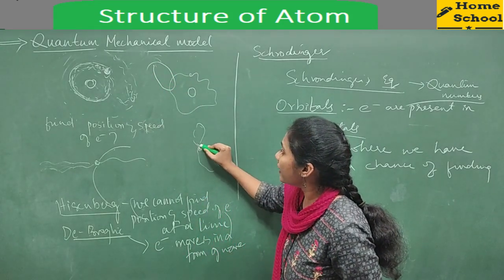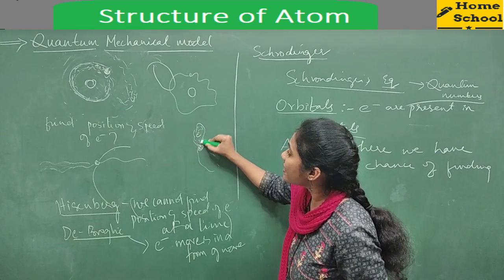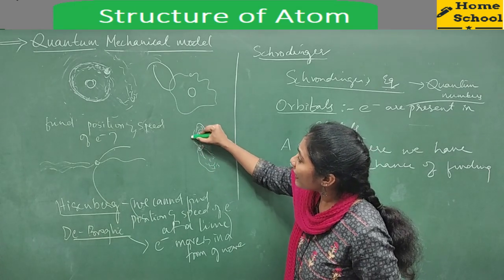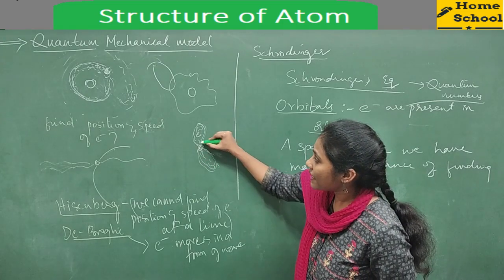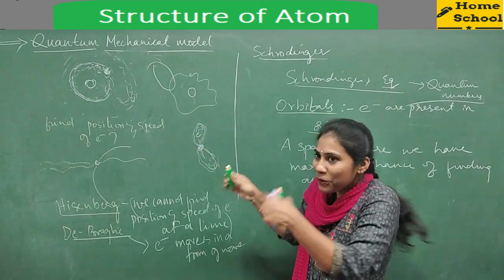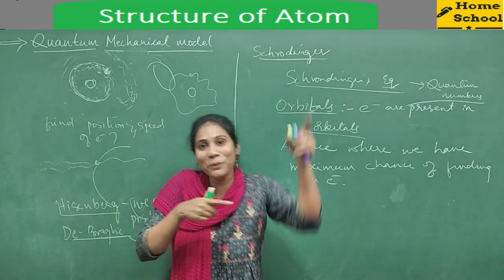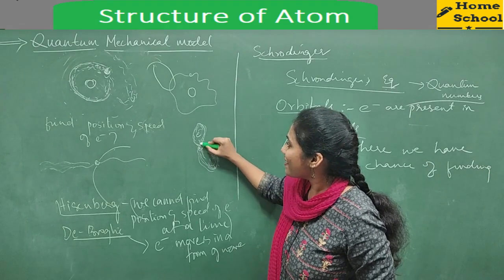If this is a nucleus, imagine you have an electron and this electron moves in this region. The same electron would come here in this region. That means if you give a particular boundary to this space, you would give something like this. A particular shape you can give for that space, according to the movement of the electron.